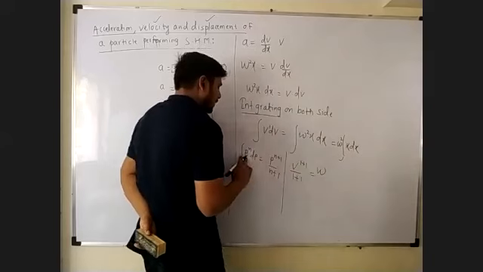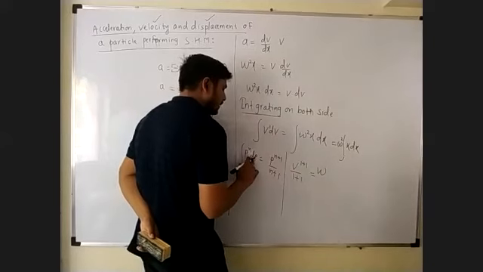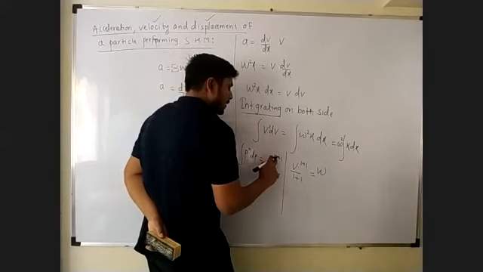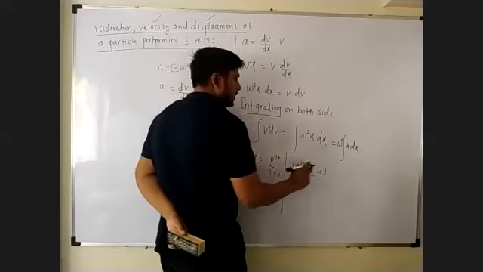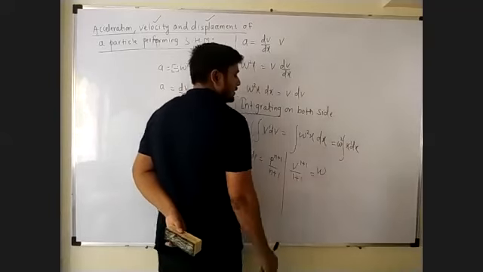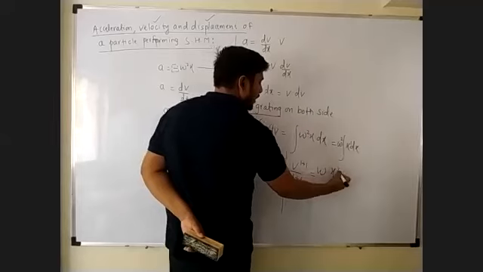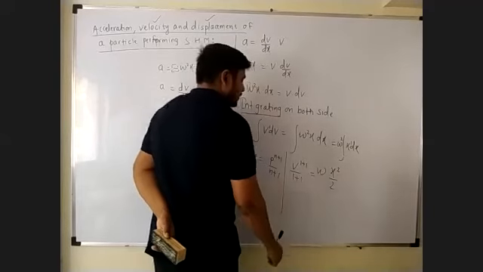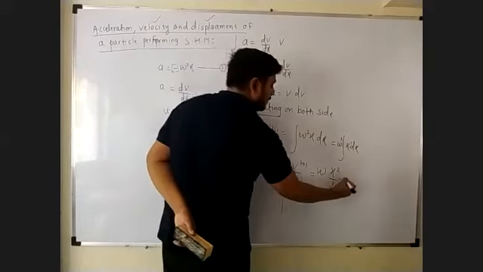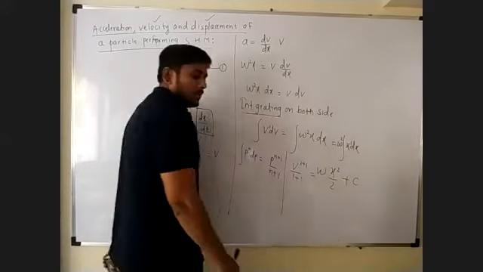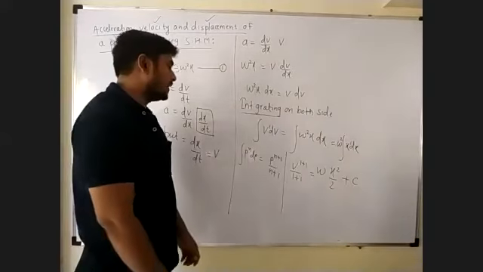Again, the same formula: function raised to n with respect to that function gives n plus 1 divided by n plus 1. What power do we have here? x raised to 1. So what we will get? x square by 2, right? So this is what we got, plus some constant of integration.